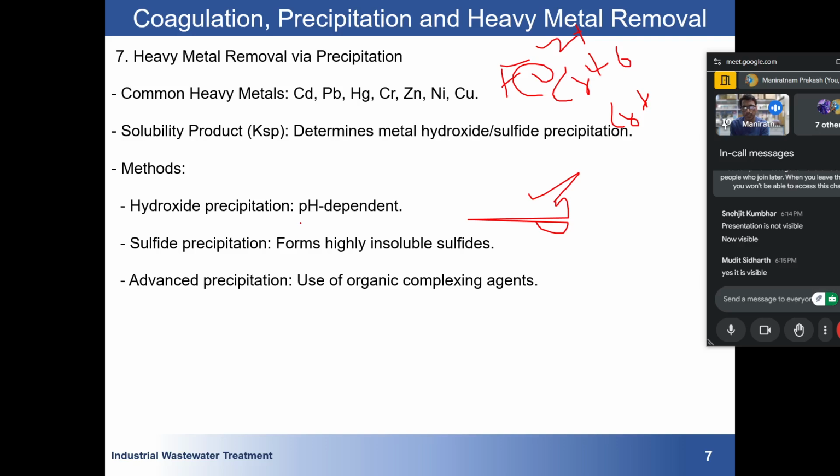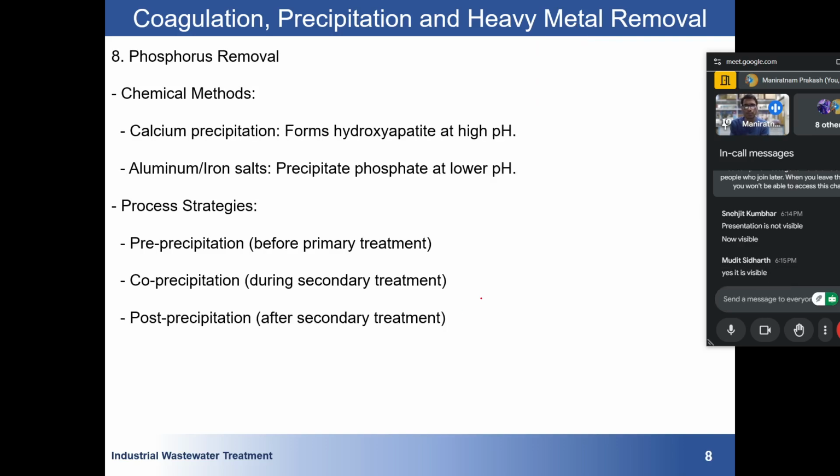Generally hydroxide precipitation is pH dependent. Then we have sulfide precipitation: if some metal has very high affinity towards sulfide, that metal will combine with sulfide and a sulfide precipitate will form. There is also the use of organic complexing agents.